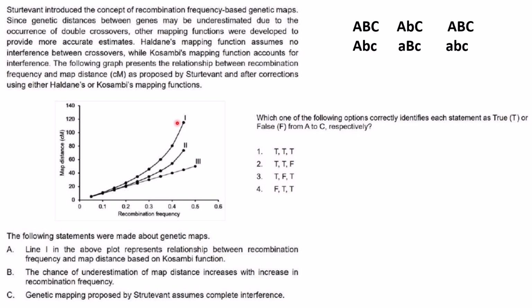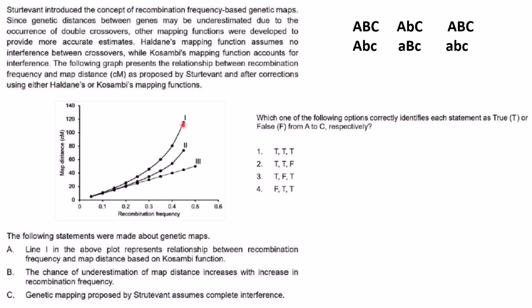Now coming to the Haldane one, that is the first one. What did Haldane do? He took the multiple crossovers into account, but he didn't take crossover interference into consideration. So no interference was assumed by Haldane.